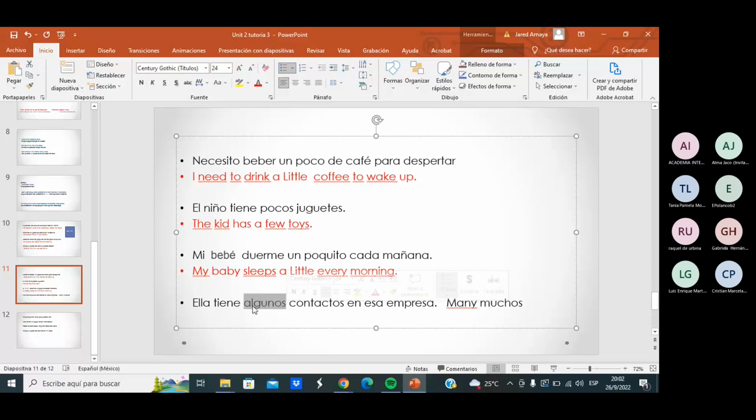Yo veo que algunos es como una cantidad pequeña y muchos es una cantidad grande, ¿verdad? Entonces, ¿podemos usar many aquí? ¿Sí o no?